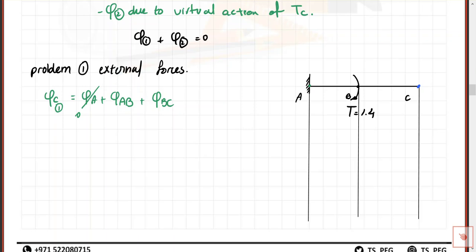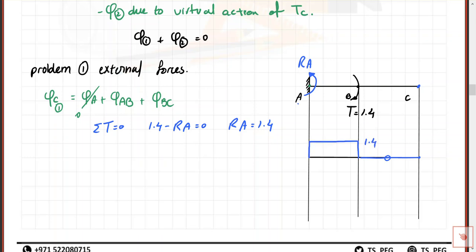We calculate the rest. To calculate the rest we must draw the diagram and find the reaction. How do we find the reaction? The torque at B is 1.4, so there will be a reaction opposite to it, called RA. We say total torque is equal to 0, so 1.4 minus RA is equal to 0, so RA is equal to 1.4. Now I can draw the diagram from the free end: the torque is 0 and it will continue 0, then we will have 1.4, we will continue and then we will close.